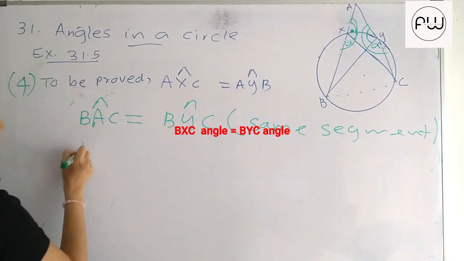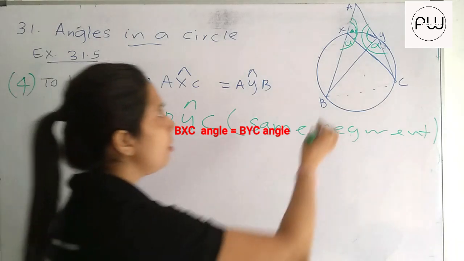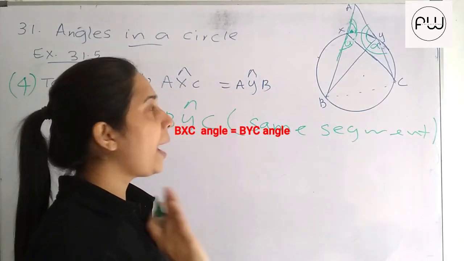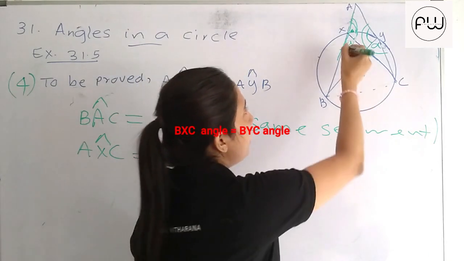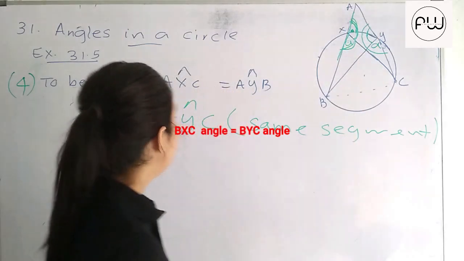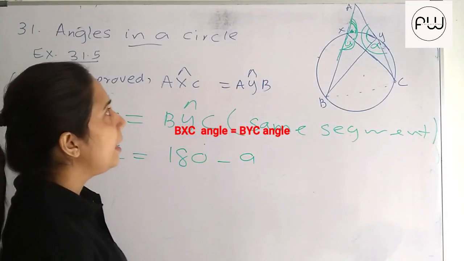Angle AXC equals, because this is a straight angle, we know its magnitude is 180 degrees. Then this is A, so we can subtract A from 180.